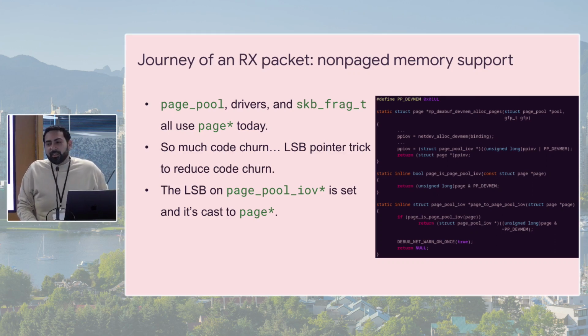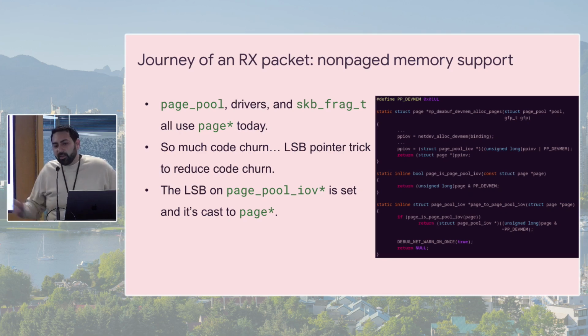So we utilized a trick that the kernel uses a lot, which is to set the least significant bit on a pointer and then cast it to another pointer. Then code that needs to understand that this is either a page pointer or an IOV can check for the least significant bit, but code that doesn't care can use it or hold it as if it's a page pointer.